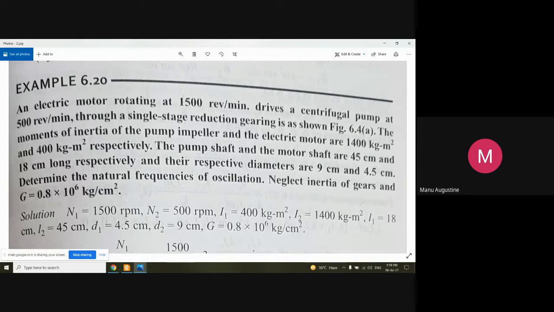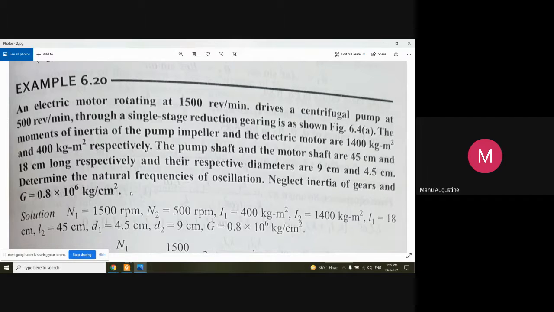Now there is another caution. I would deviate from the topic for a while. This is a matter of serious concern because even very intelligent and very careful students make mistakes here. The value of the modulus of rigidity is given in kilogram per centimeter square. It's a word of caution. All of you must convert the units to the standard SI system first of all.